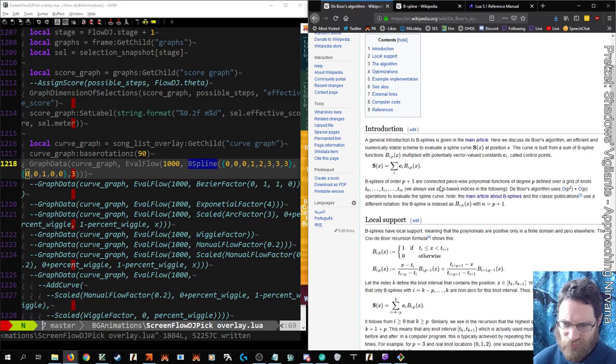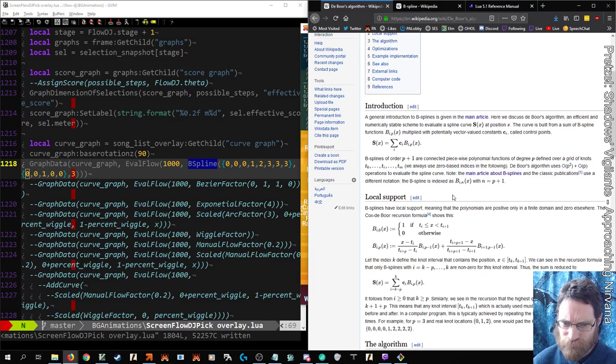A fully worked example would be helpful too. With n equals p plus 1, b splines of order p plus 1 of degree p, defined over a grid of knots.